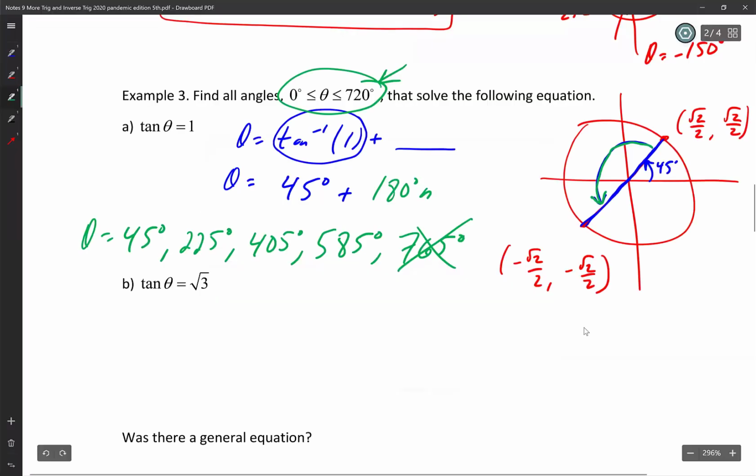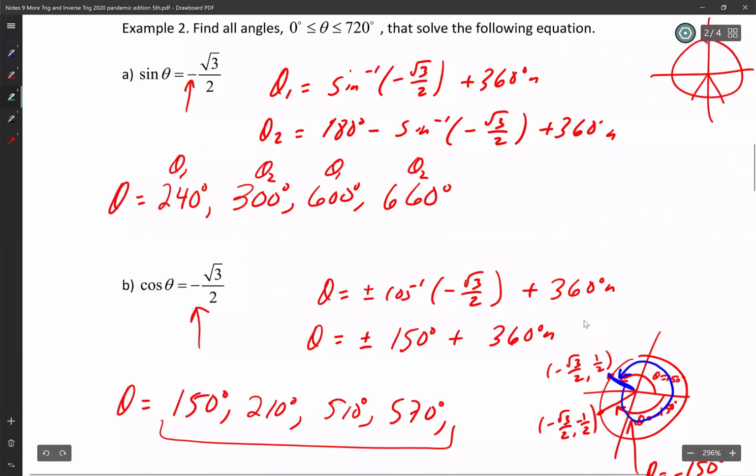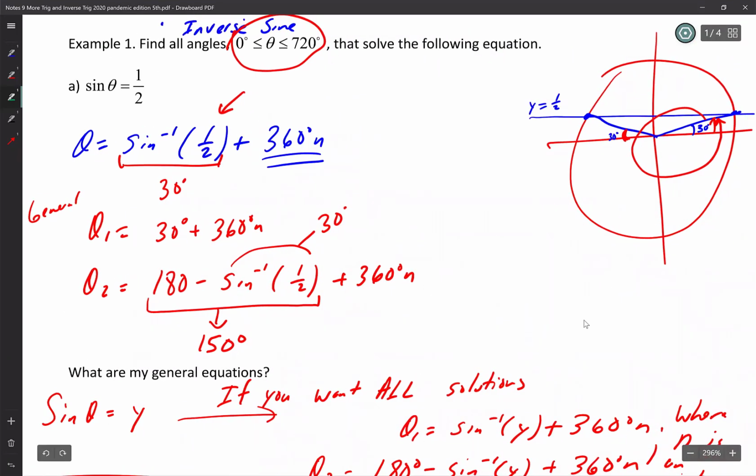And I just remembered that we never answered example 1 over here. So you guys need to remind me. We never answered example 1 ever. We just gave 2 equations. So let's go back to example 1 really fast. Theta equals, let's see, one answer is 30 degrees. The other answer was 150.